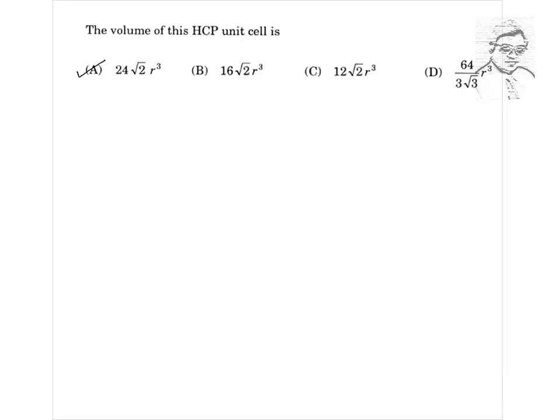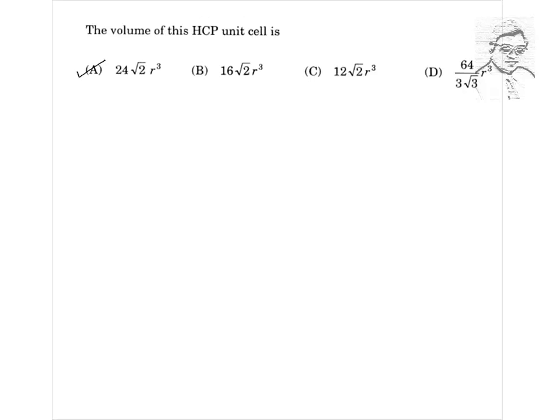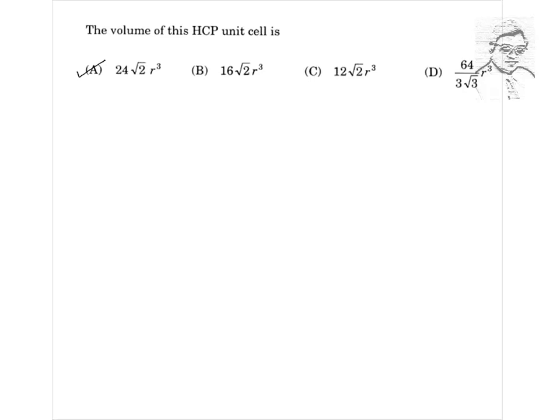But remember that 74% is not accurate. It's very close, but it's not exact for packing efficiency. So just do that and see how much you are getting. If any other option is close, it could be a problem.